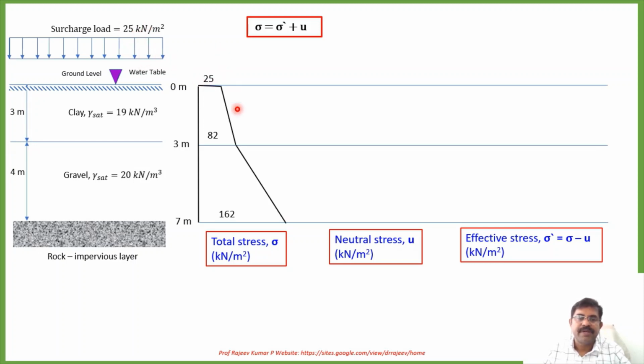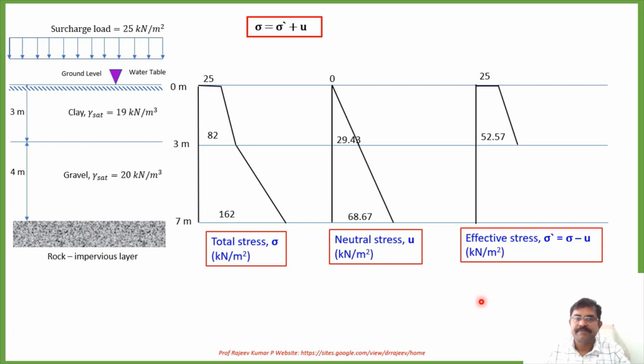Then 82 and 162. Total stress diagram is this one. Now neutral stress. This is also plotted. Now effective stress. So this is the variation of total stress, neutral stress and effective stress.